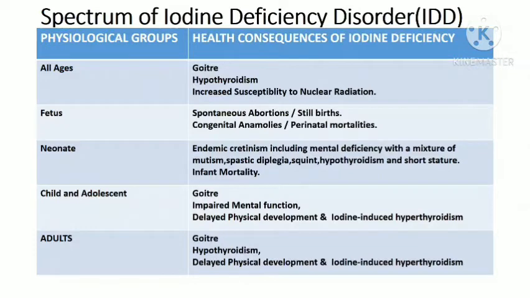Intelligence quotient among people living in iodine deficient areas has been found to be lower by up to 13.5 points as compared to those living in iodine sufficient areas.